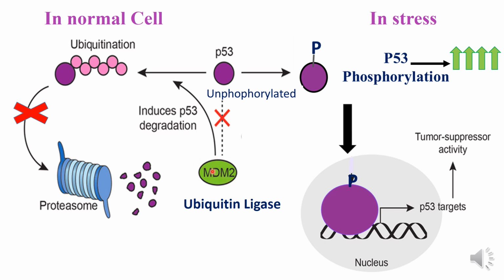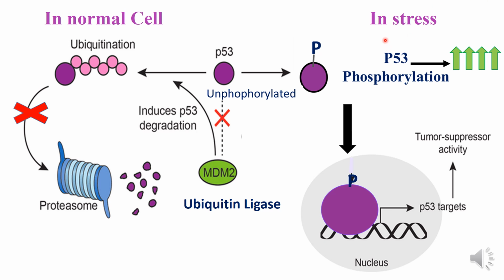This MDM2 protein is also known as murine double minute 2 transcription protein. This protein is a ubiquitin ligase, so it induces P53 degradation by ubiquitination. Once this P53 undergoes ubiquitination, the proteasomes degrade the P53 protein. This occurs in normal cell.